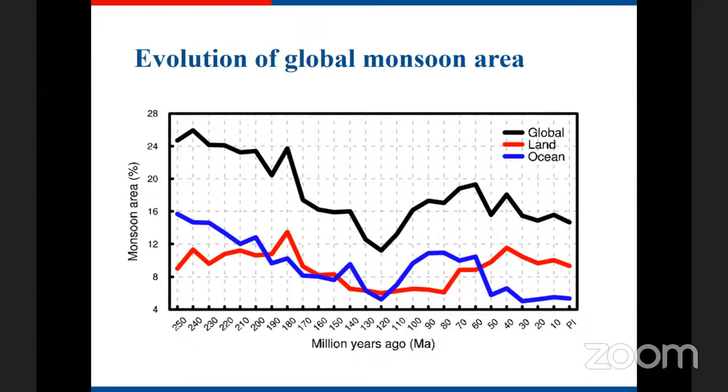The ocean monsoon area also decreases together with the continent breaking up, then increases in the Cretaceous, then decreased after 60 MA. So that's the global monsoon area.